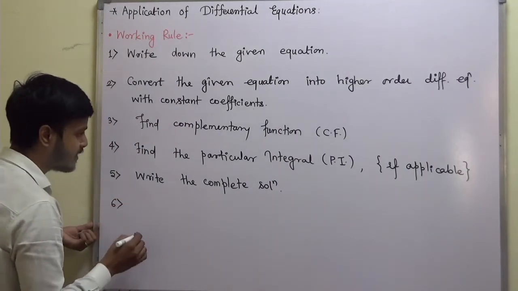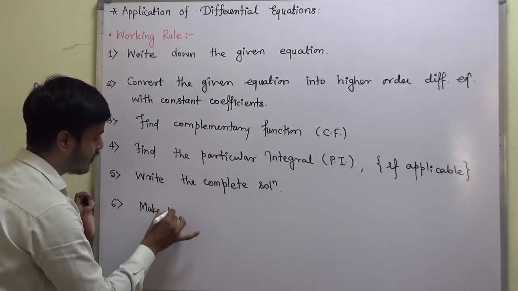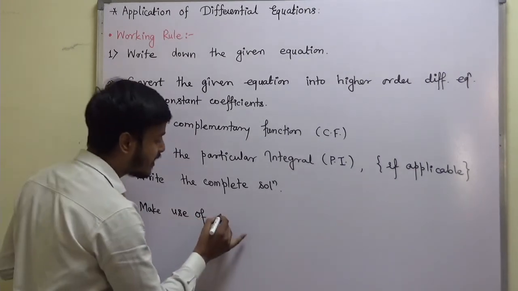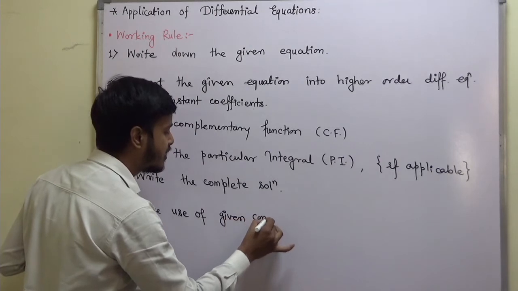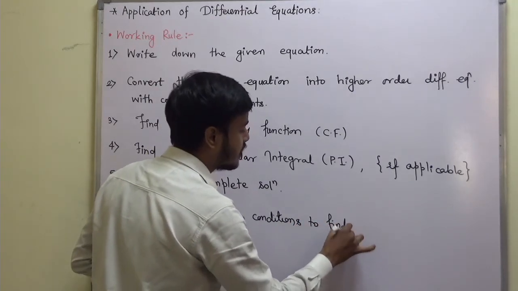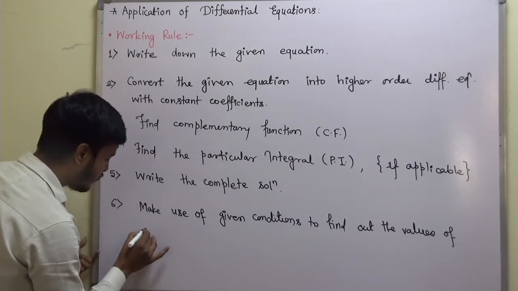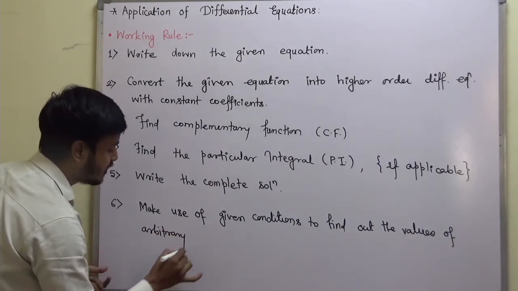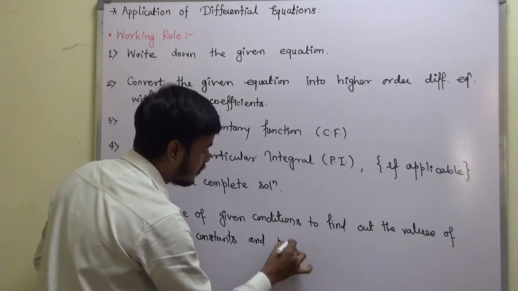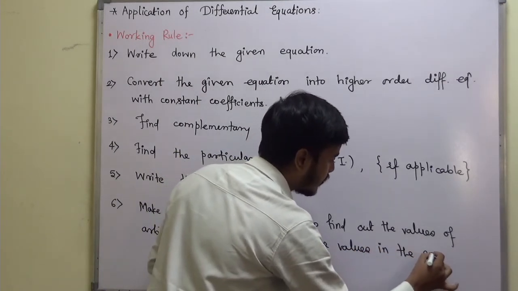And the sixth step says, make use of given conditions to find out the values of arbitrary constants and put these values in the complete solution.